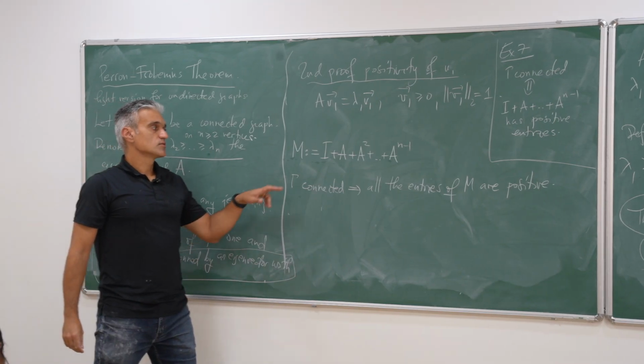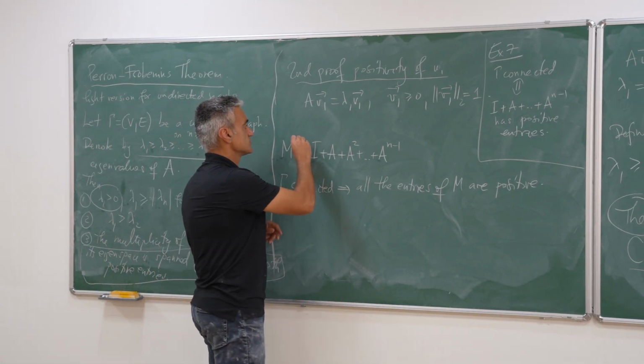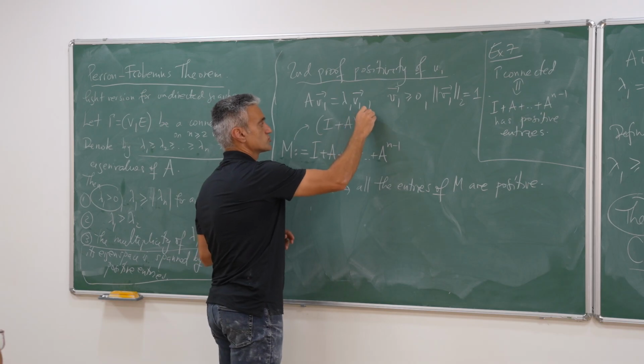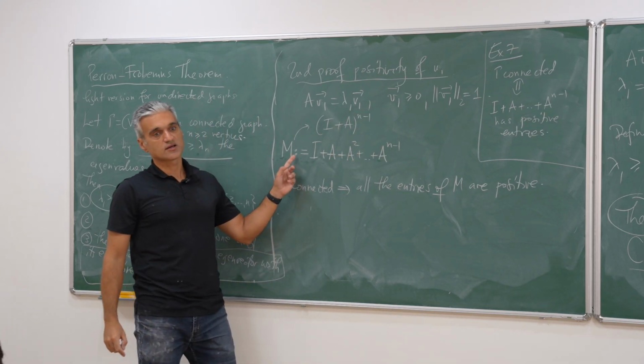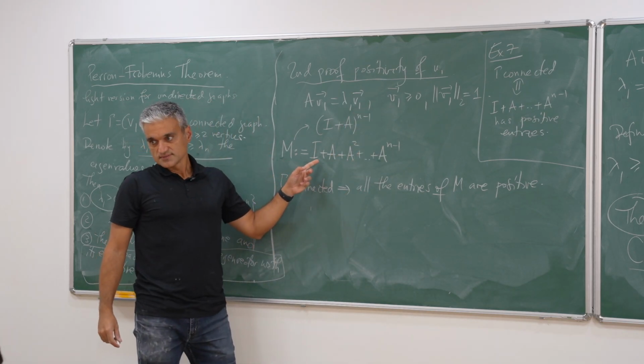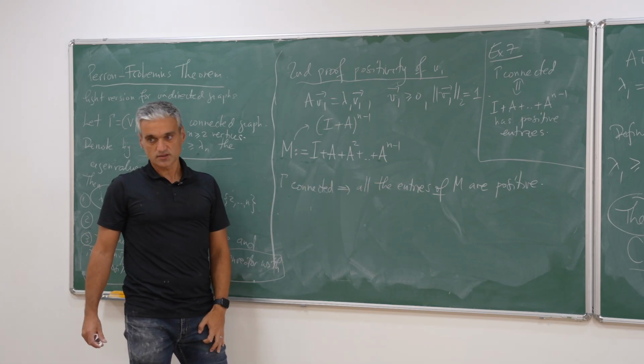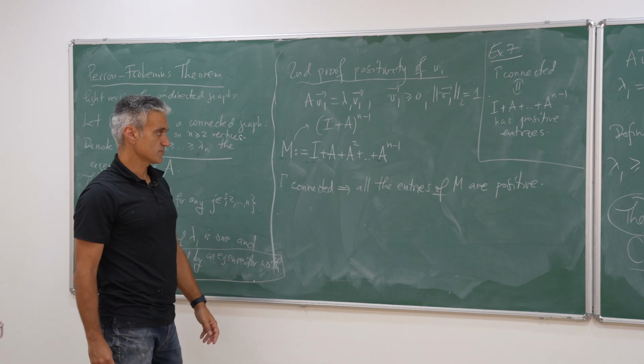You can take this, or if you don't like this matrix, you can also take I plus A to the n minus 1. Essentially, any linear combination of I, A, A squared, up to A to the n minus 1 with positive coefficients is going to do it, okay? Because of this business of counting the walks.